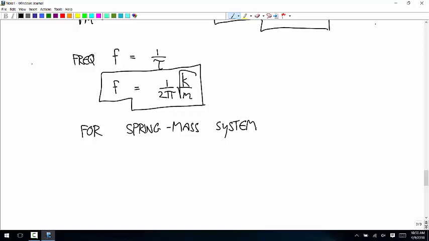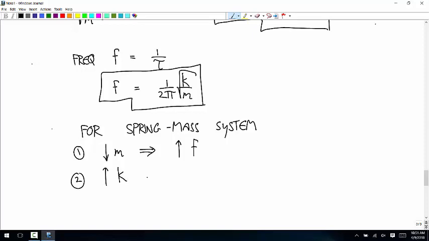If you want the oscillation to go faster, how do you change the mass? Do you increase or decrease the mass? Decreasing the mass leads to an increase in the frequency. And what about the spring constant? Do you increase or decrease the spring constant to speed up the oscillations?